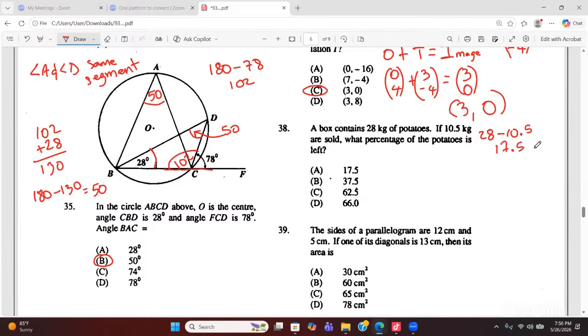This is what is left, people. So basically they're asking, can you represent 17.5 out of the total and give it to me as a percentage? That's all they're asking.